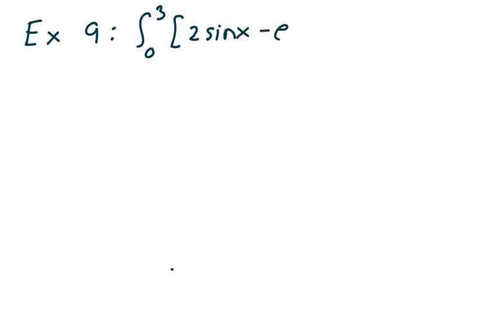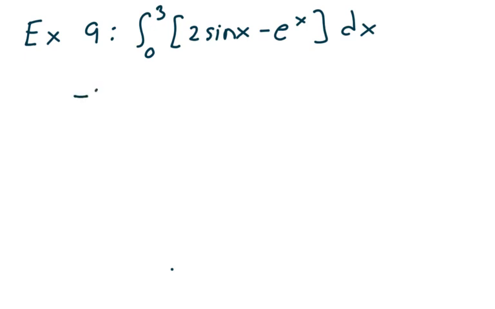Example 9. So we'll keep going. We'll do a little bit more. Suppose I had the integral from 0 to 3 of 2 sine x minus e to the x dx. Think of a function whose derivative is sine x.